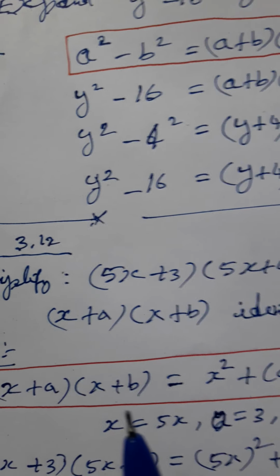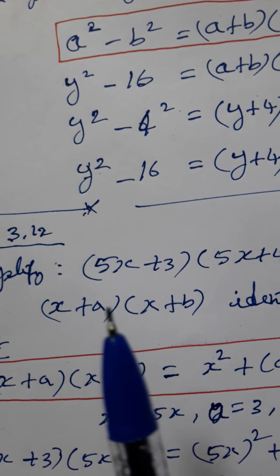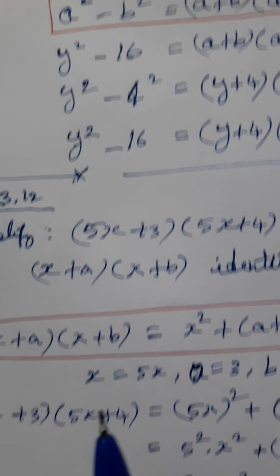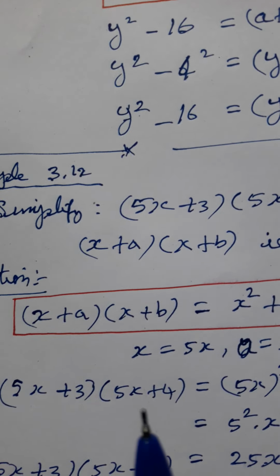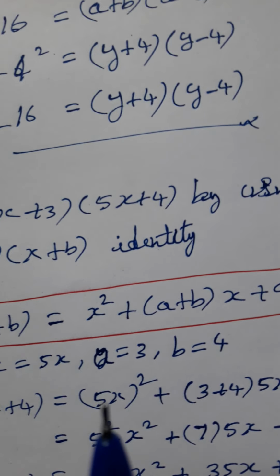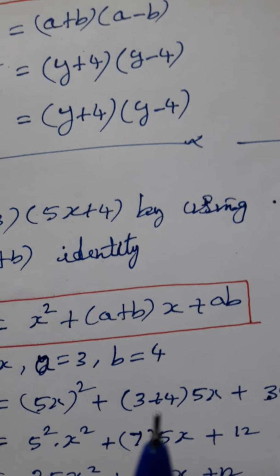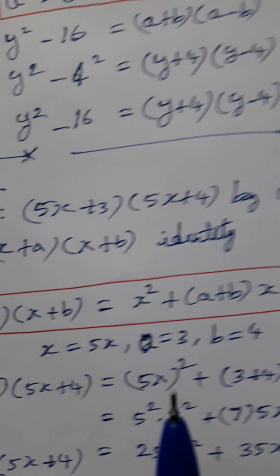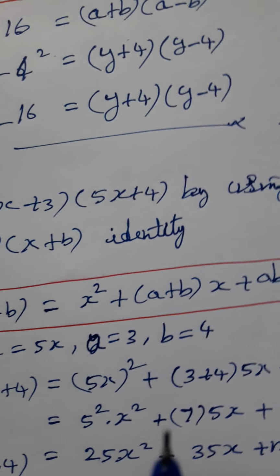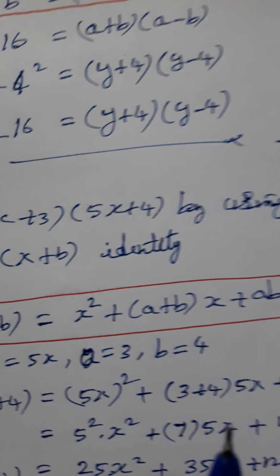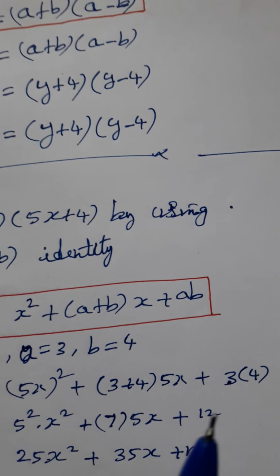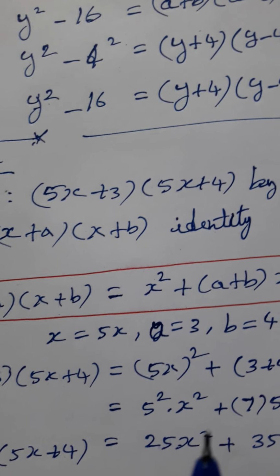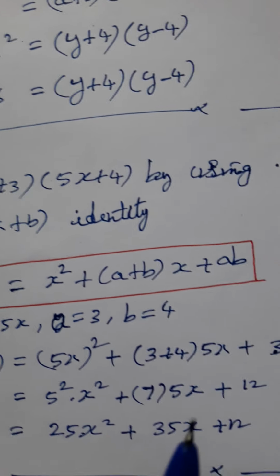Here x equals 5x, a equals 3, b equals 4. (5x + 3)(5x + 4) equals (5x)² plus (3 + 4) into 5x plus 3 into 4. So 5² into x², 3 plus 4 is 7 into 5x, plus 3 4s are 12. 5² is 25x², 7 5s are 35x, plus 12.